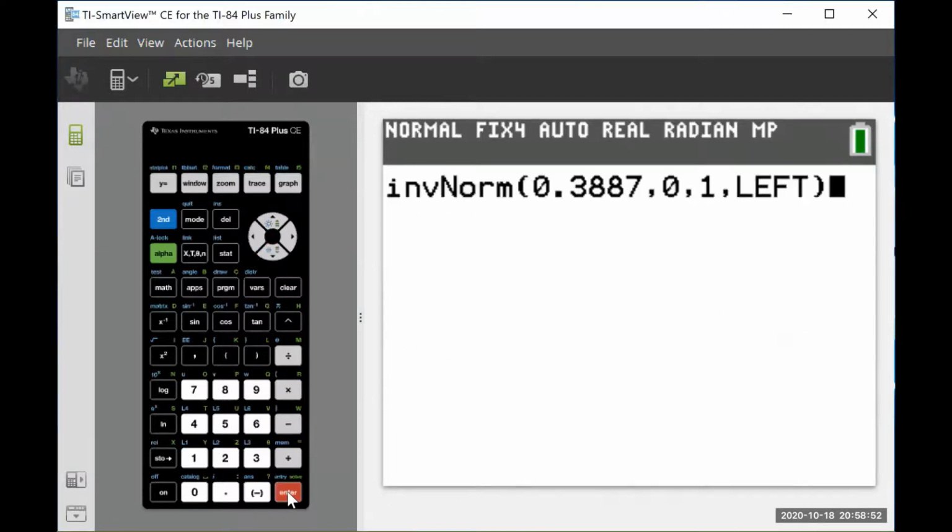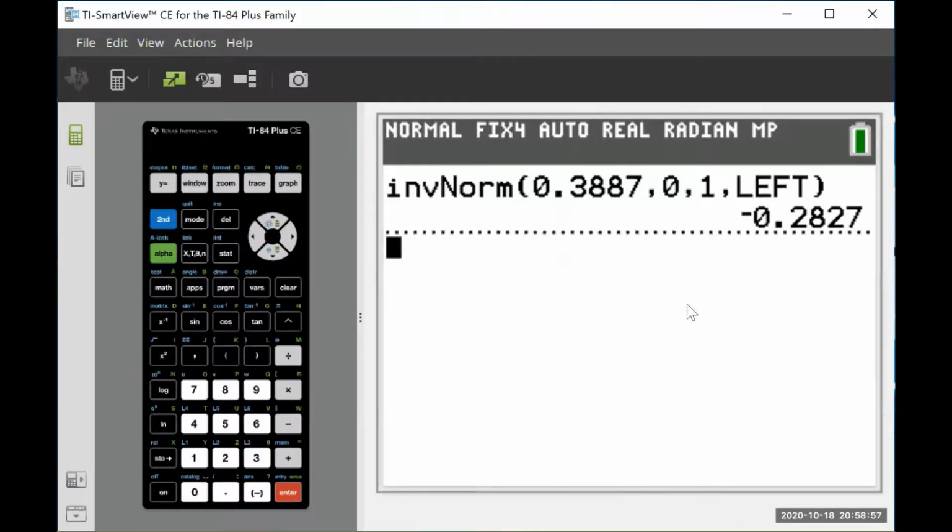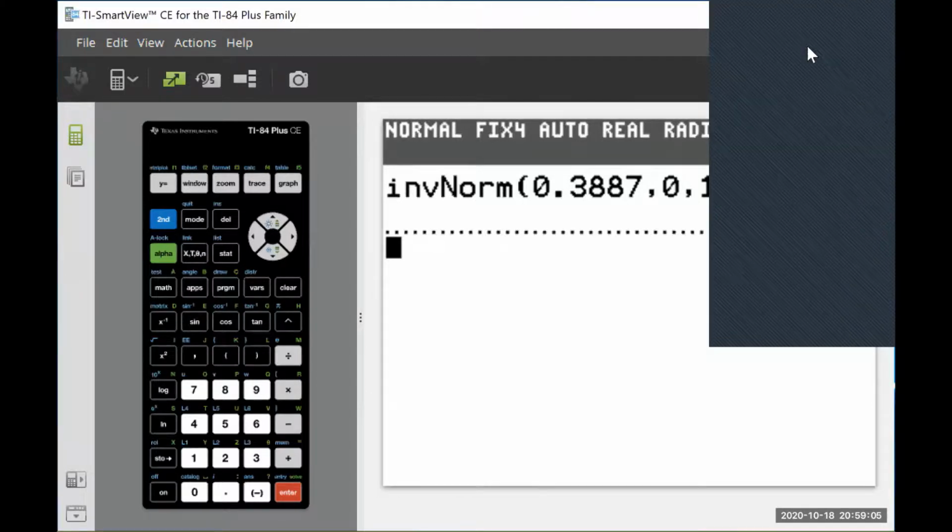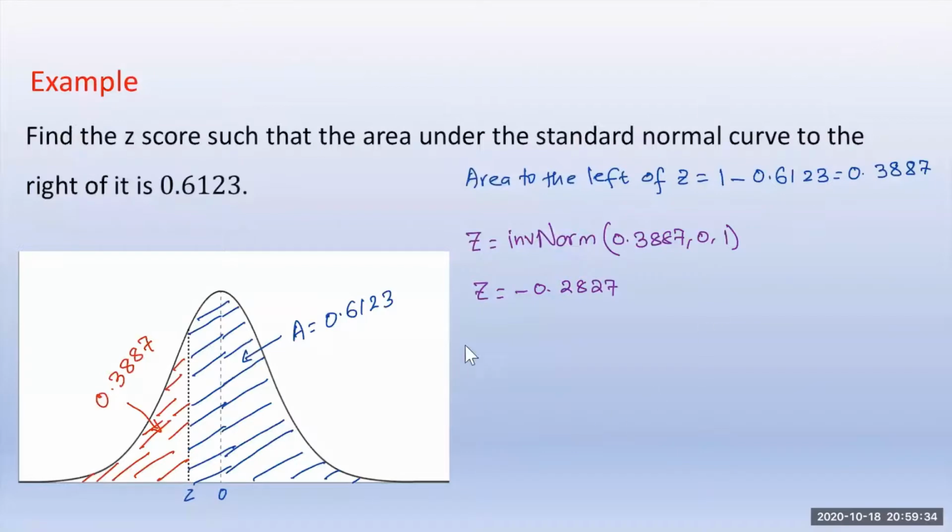Then paste the information in the main screen and hit enter to execute. You'll get the result as negative 0.2827. So from the TI-84 calculator, we get the Z score, Z equal to negative 0.2827. We get the negative value because the Z score is below, or to the left of, the mean, which is 0 in this case.